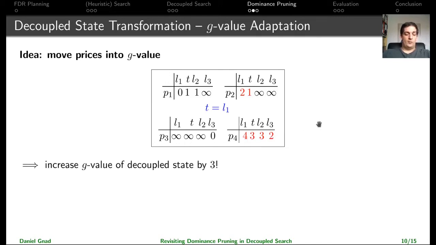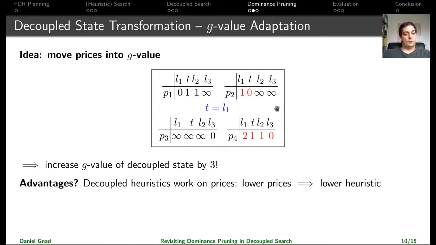Now what we can do is we can increase the g-value of the decoupled state by 3 and deduct this from the prices of the reached leaf states. So what you see is that, in fact, the total cost of all reached member states of this decoupled state will not change, but we just move cost from the pricing function into the g-value.